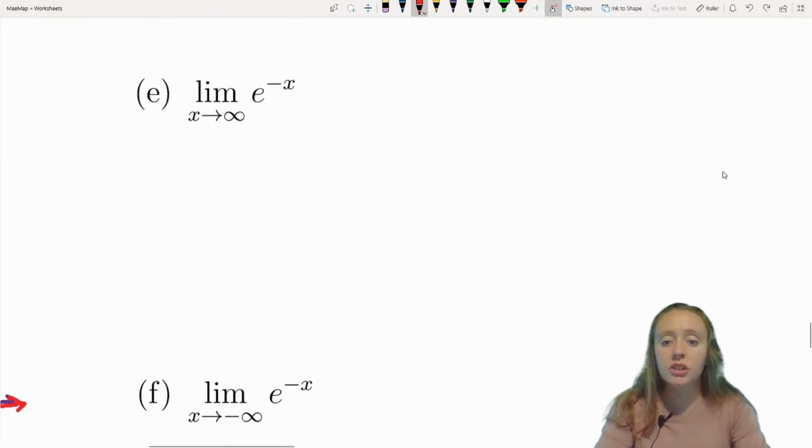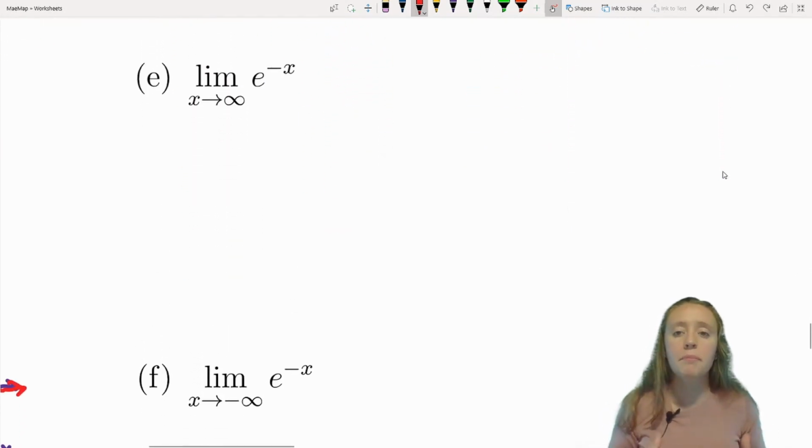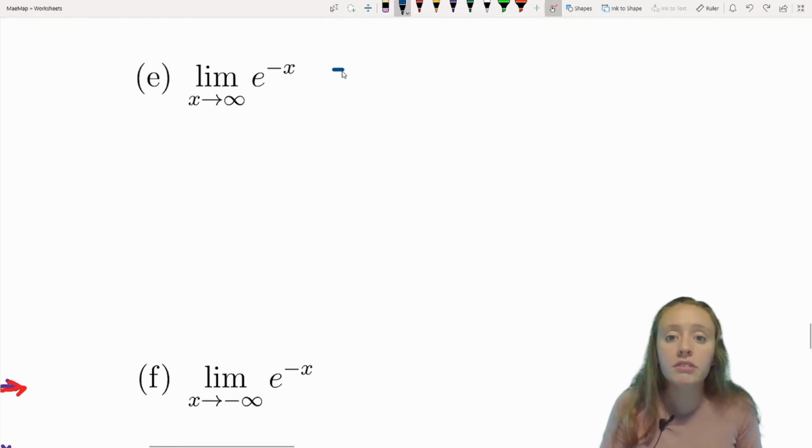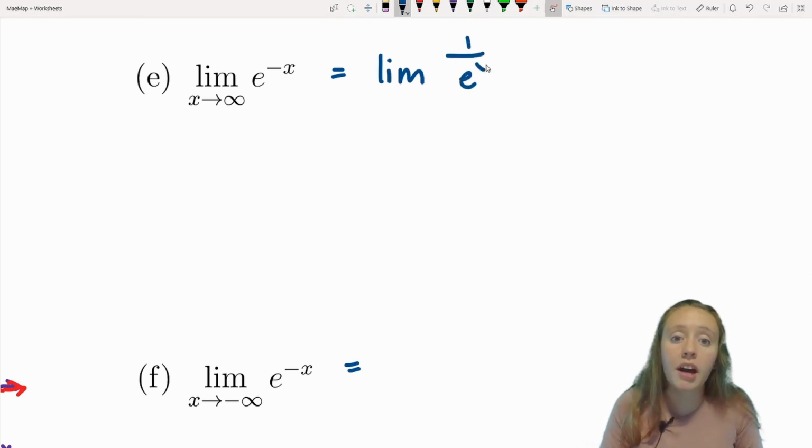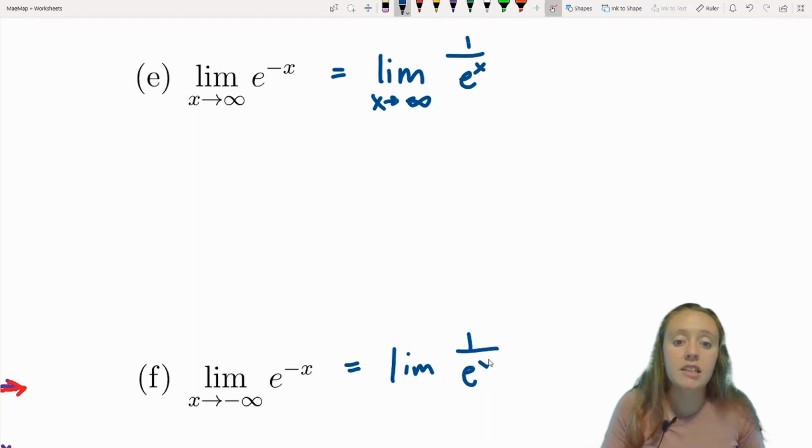Now these next two, I think, tend to trip people up a lot, but just remember your basic algebra skills. A negative exponent can be written as a positive in the denominator. So I'm going to rewrite both of these before I even take the limit. So this is going to be the limit of 1 over e to the positive x as x approaches infinity, and this is going to be the limit of 1 over, again, e to the positive x, but as x approaches negative infinity.